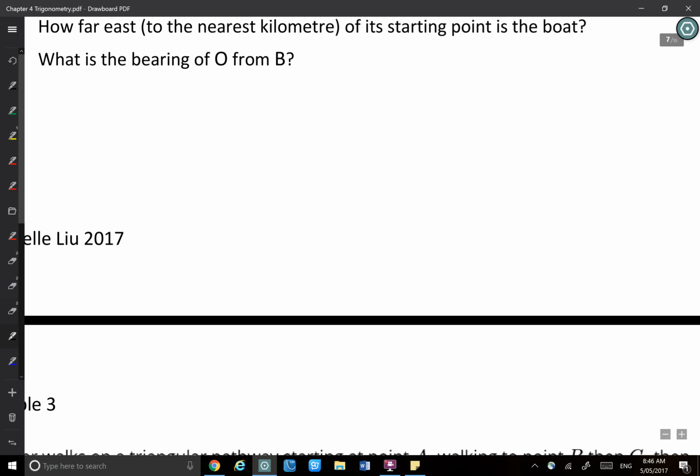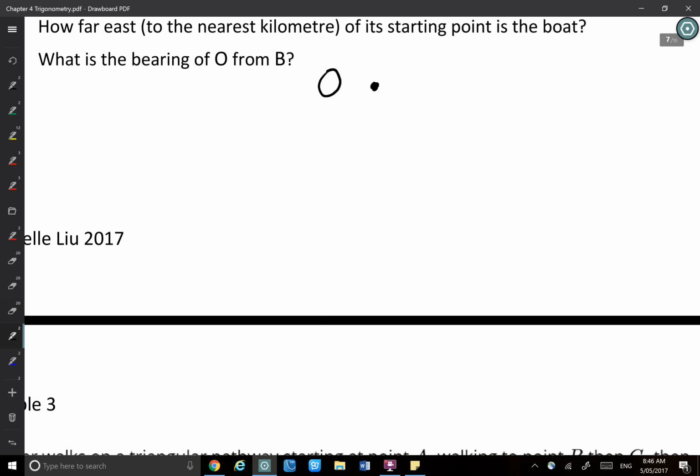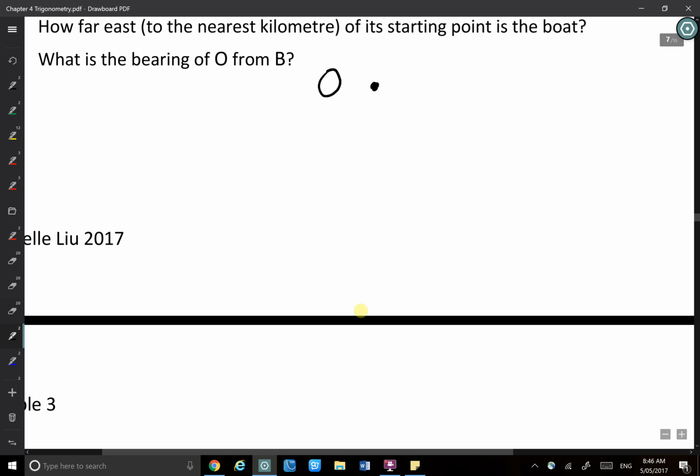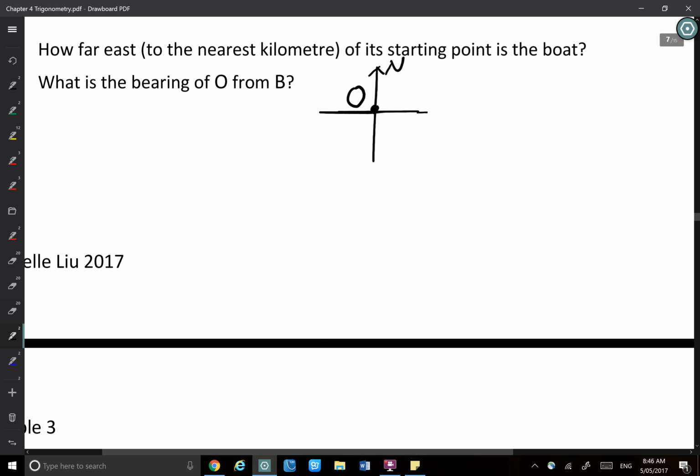Let's draw this. Let's say we have point O here, and I'll draw the compass here. That's the north. On a bearing of 160 degrees. So 180 is this big, then 160 will be a little bit less than that.